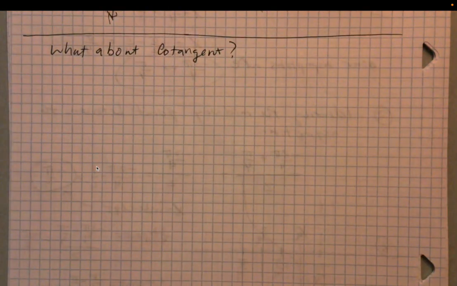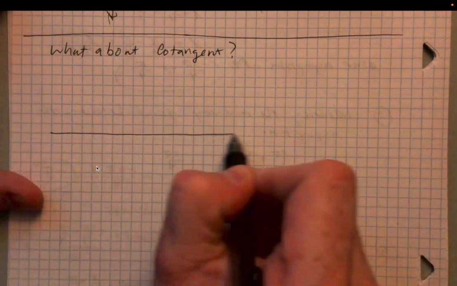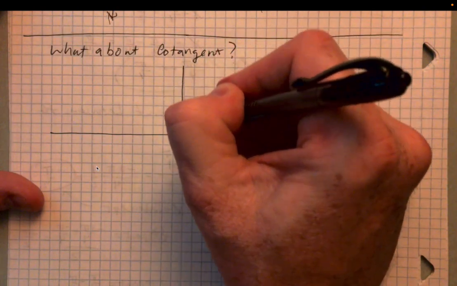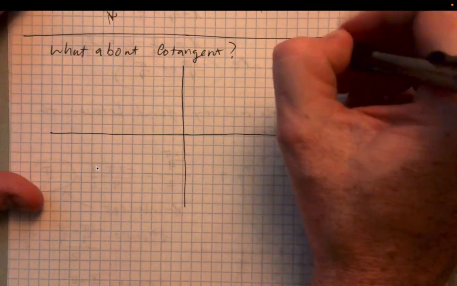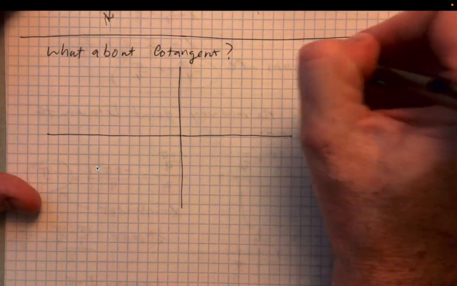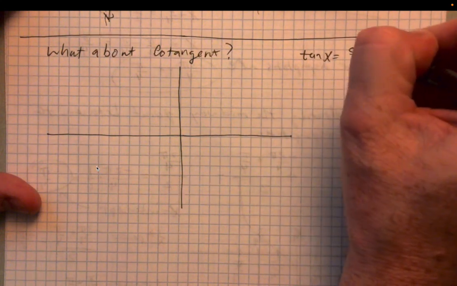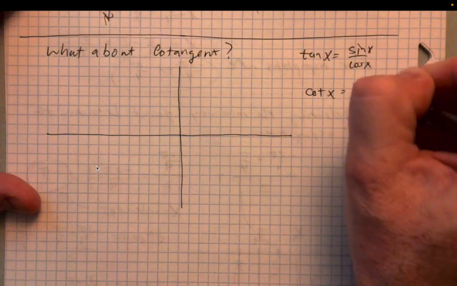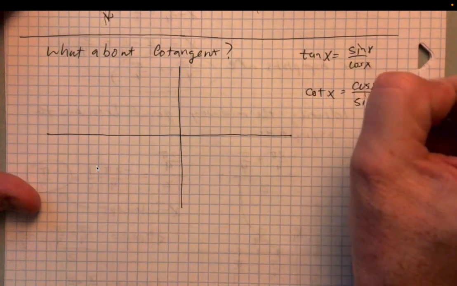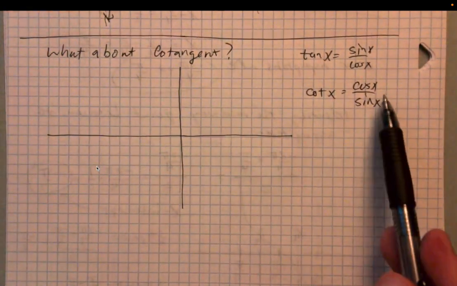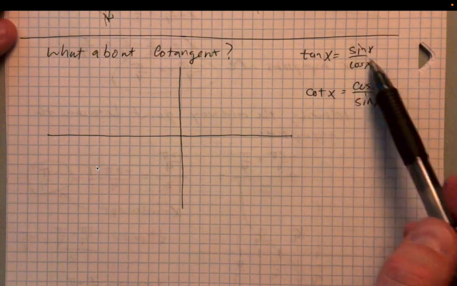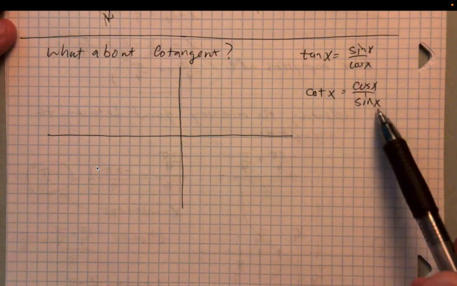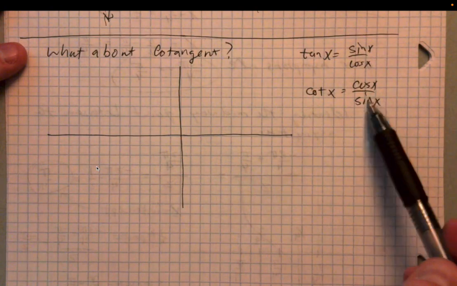What about the cotangent? Well, the cotangent looks real similar, right? But remember that the tangent is sine over cosine. So tan x is sine x over cos x, and the cotangent of x is cos x over sine x. Right, so the asymptotes are going to vary. So here you had asymptotes when cosine was 0, and here you instead have asymptotes when sine is 0.